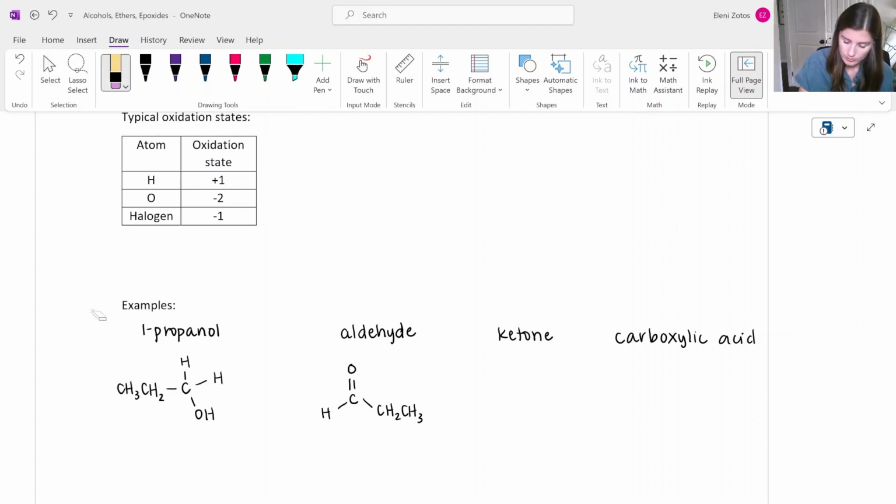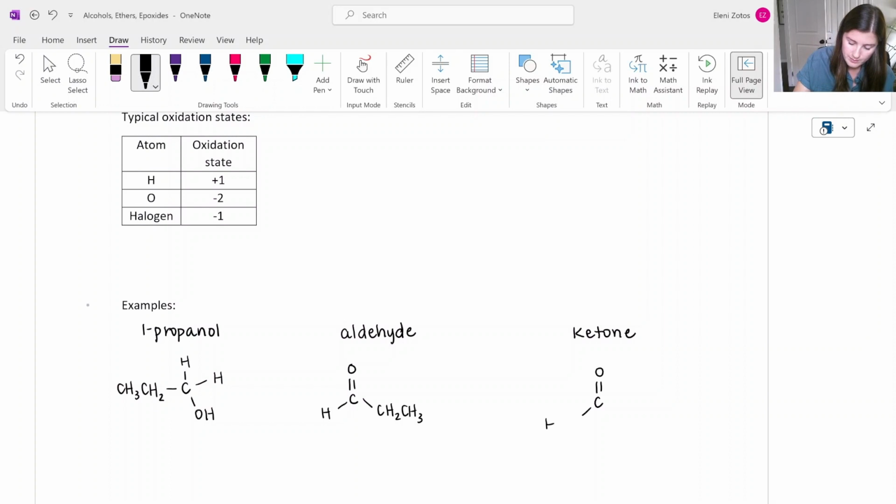In a ketone, I think we'll move carboxylic acid down. Ketone molecules, we have a carbonyl, and then that carbon is bonded to 2 carbon chains.